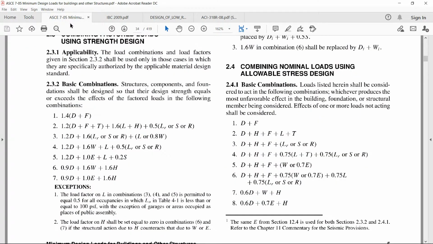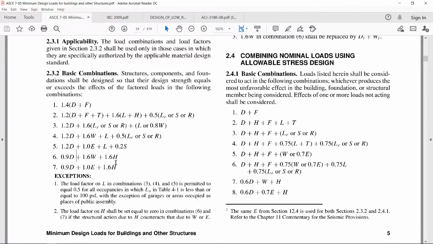If I go to ASCE 7-05, the same thing is there. Equation number 5: 1.2D plus 1.0E plus L, again the coefficient is 1, but here the load factor on L in combinations 3, 4 and 5 is permitted to equal 0.5 for all occupancies in which L naught in table 4.1 is less than or equal to 100 pounds per square foot.